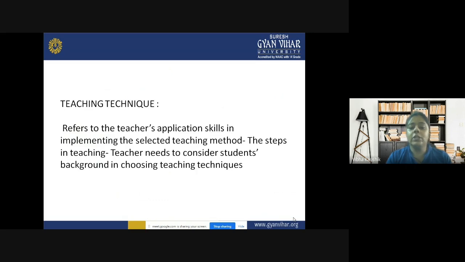Background in choosing teaching techniques means the teacher must keep in mind, while selecting or choosing the teaching techniques, the need to consider students' background, what their previous knowledge is, how much they have known about that particular subject, and this must be kept in mind when the teacher is choosing the teaching technique to teach the students a particular concept or a topic.